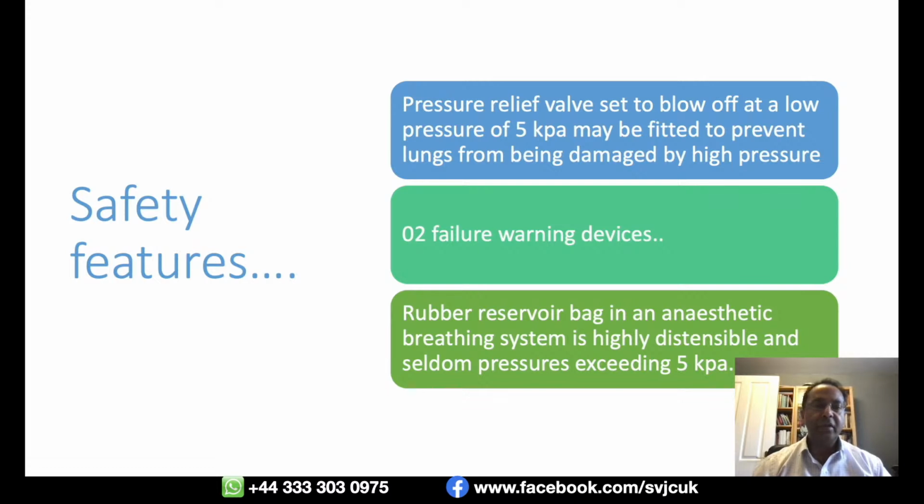As I mentioned earlier, there are oxygen failure warning devices, an impending alarm, a loud noise which indicates there is oxygen failure. The rubber bags in the anesthetic machine system, the green bags, are also highly distensible, and it seldom allows the pressure to exceed 5 kilopascals.